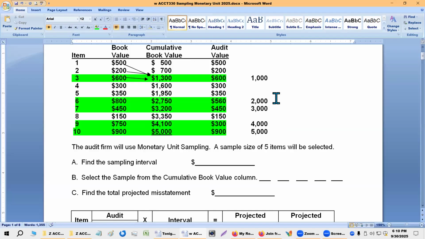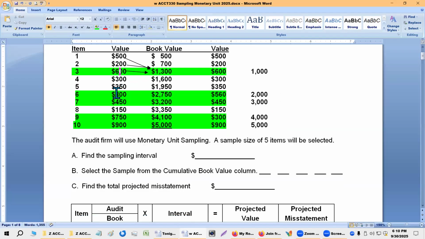So these are the items that we're going to use to represent that entire interval. So the first 1,000 will be represented by item 3. Oh, I didn't do the interval. Find the interval.